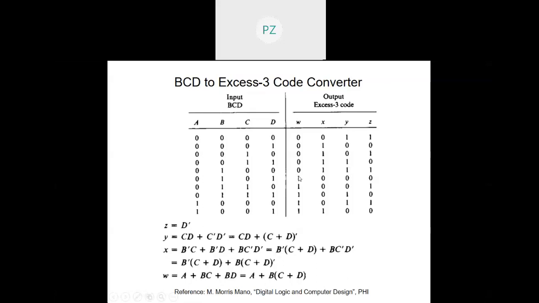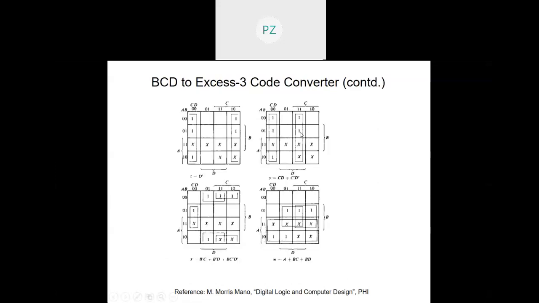We are getting 5, 6, 7, 8, 9 all as ones, and the rest of them are don't care, because this is a BCD, so we know that it cannot occur beyond 9. So all the rest will be don't care conditions. That will be the truth table for W, right?